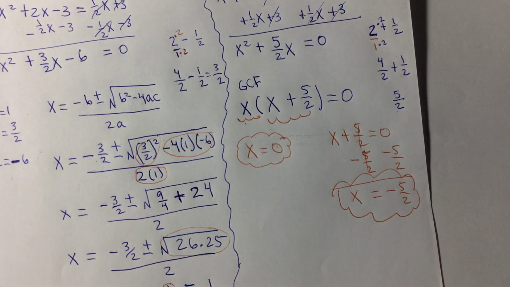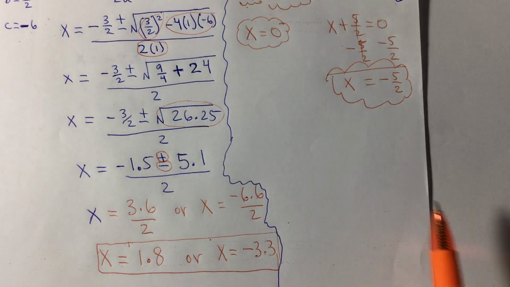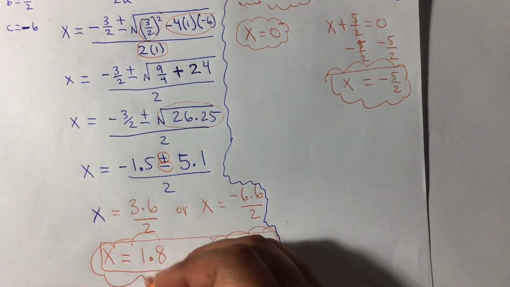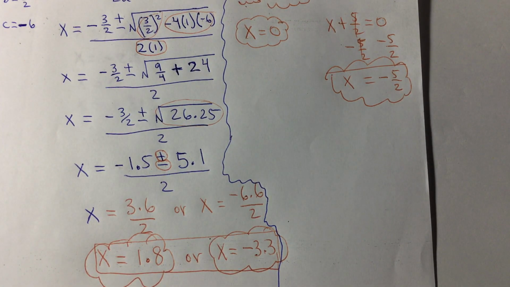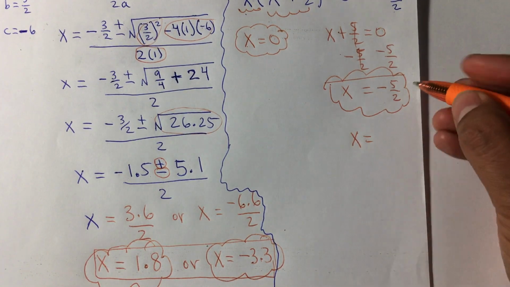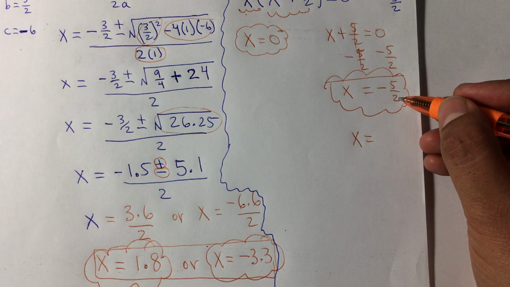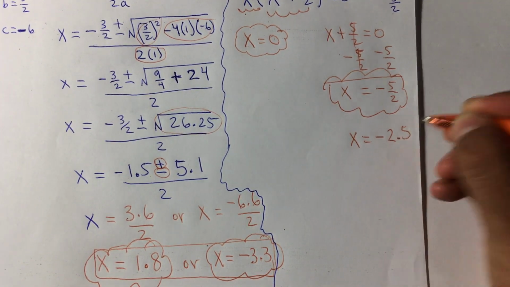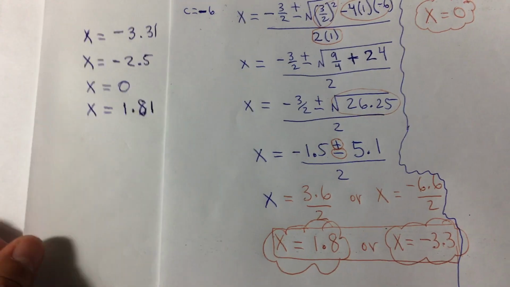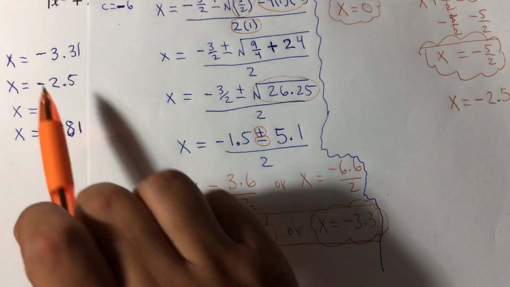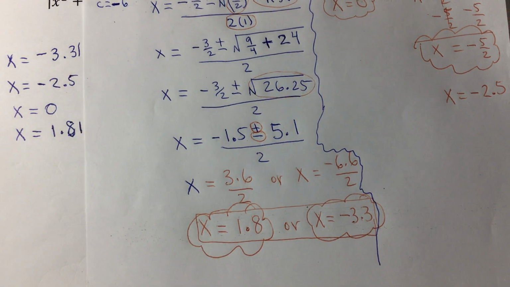So now I have all 4 solutions. Those are 2 of them. These are the other ones. And now we can compare it to our graph. But before we do that, because they appear as decimals in the graph, let's simplify this. Negative 5 divided by 2 is negative 2.5. And if you notice, those are the values that we got from our graph on Desmos.